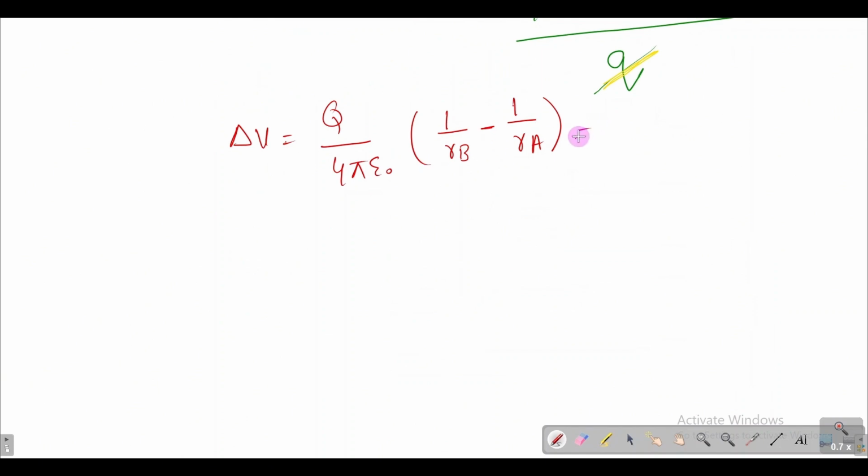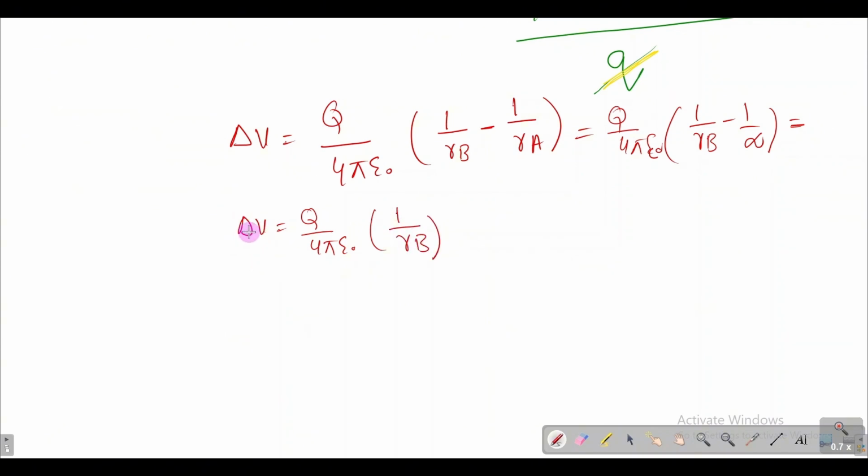So this becomes q by 4 pi epsilon naught into 1 over Rb minus 1 over infinity, and 1 over infinity is equal to 0, so it becomes del V is equal to q by 4 pi epsilon naught and 1 over Rb.